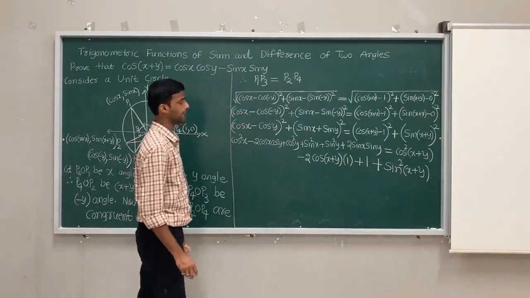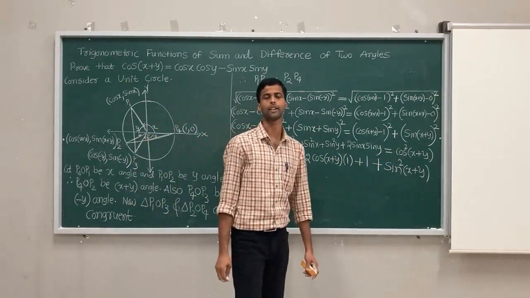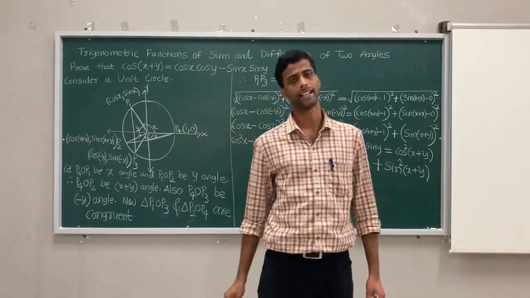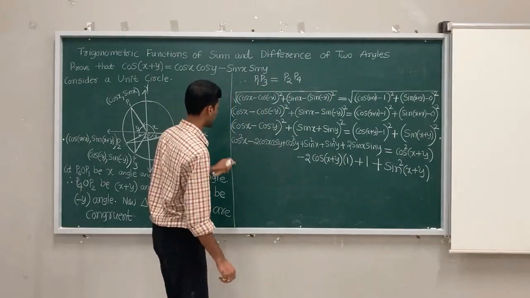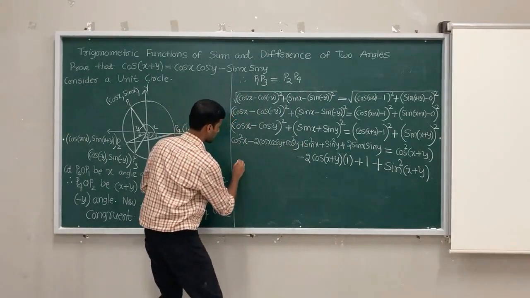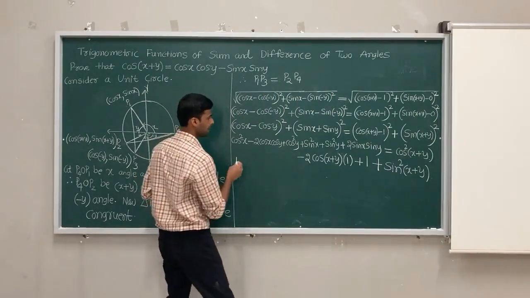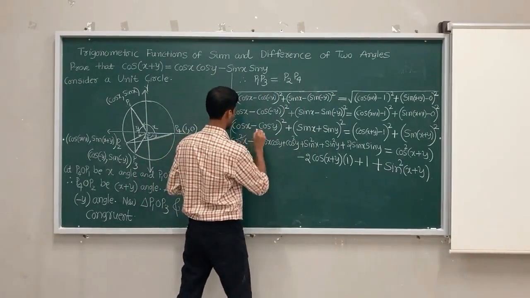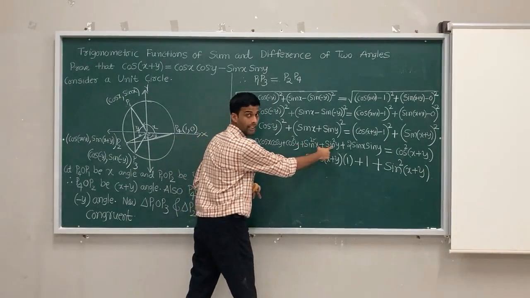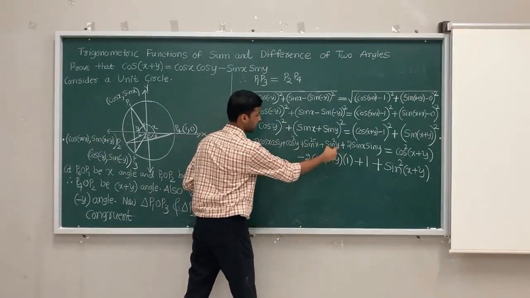Now, we all studied one identity in trigonometry. Cos square theta plus sin square theta is always 1. Therefore, what I will do here, we have cos square x plus sin square x, so the answer is 1. Then cos square y plus sin square y, because both have angle y, so I can match. So cos square y plus sin square y is again 1.